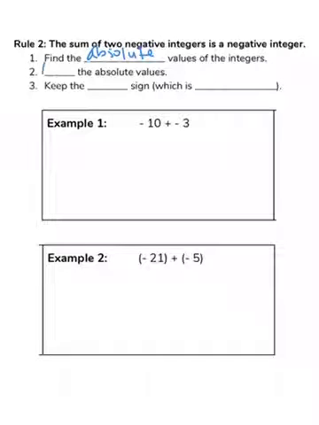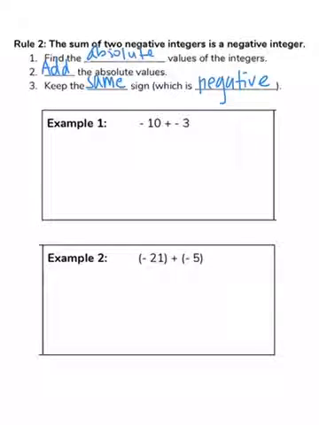We are going to still add the absolute values together, and we are going to keep the same sign, which in this case would be a negative sign, because again, we are adding 2 negative numbers.